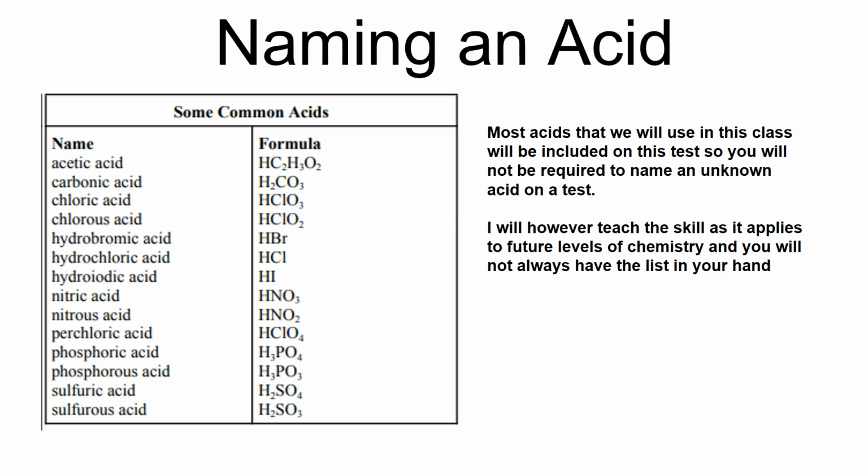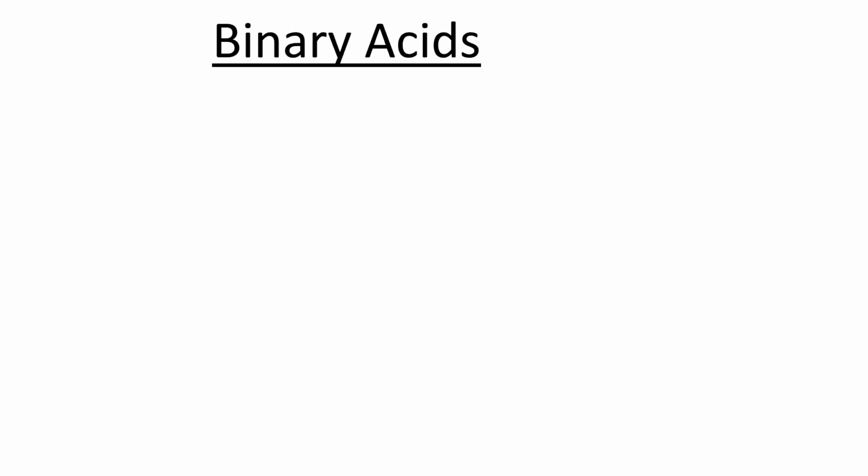So just kind of know that that's there. Most of the acids that we use in this class are included in our reference packet, but I want you to know the skills of being able to do it, just in case you're in a bind. Just in case on a test they throw up an acid that we've never seen before that's not on this list, because this is not every acid that exists. This is just some of them.